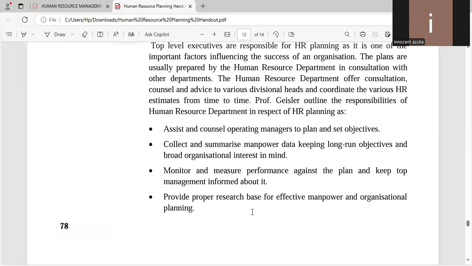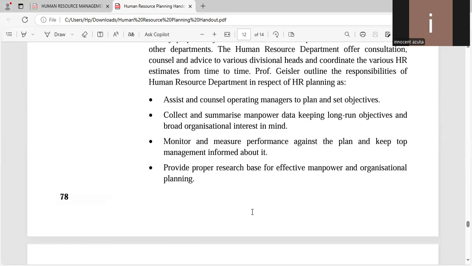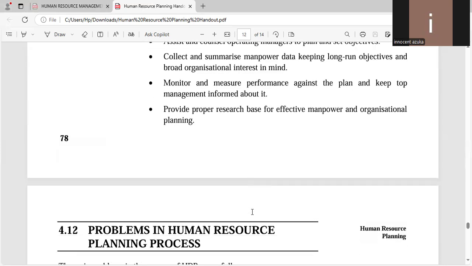Monitor and measure performance against the plan and keep top management informed about it. Provide proper research based on effective manpower and organizational planning.